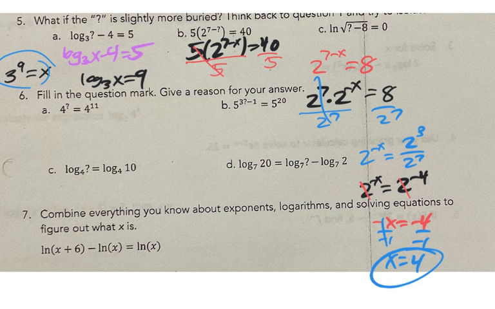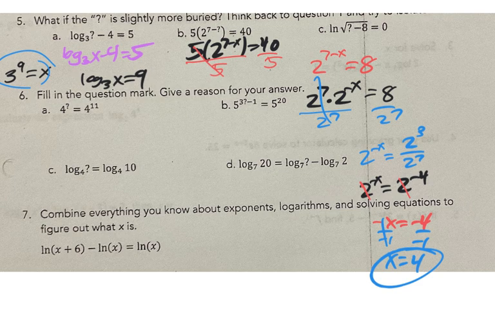Is there a simpler option? I don't know. Simpler is a strange way to think about it. Here's what I was thinking. My first thought was very similar in the way it's going to end. Right here, I saw I could write 8 as 2 to the 3rd. So I would write this as 2 to the 7 minus x equals 2 to the 3rd. And now what do I have?